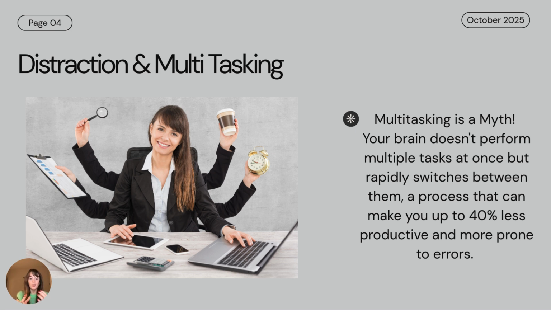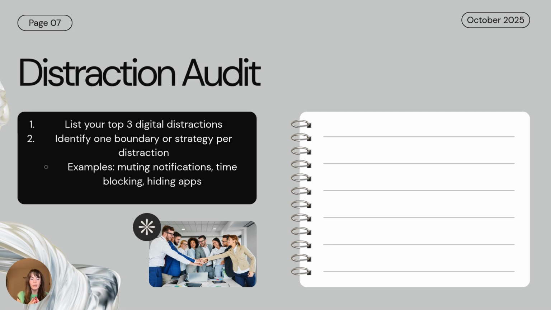So what I wanted to bring you through here was a distraction audit around this. List three digital distractions and what they are. For me, it was my Zoom team chat, my emails, and then my social media, so my notifications. But it could be anything for you.